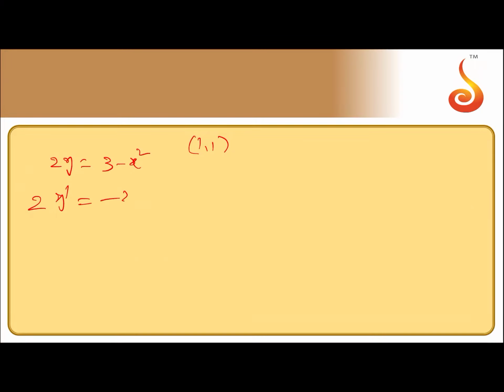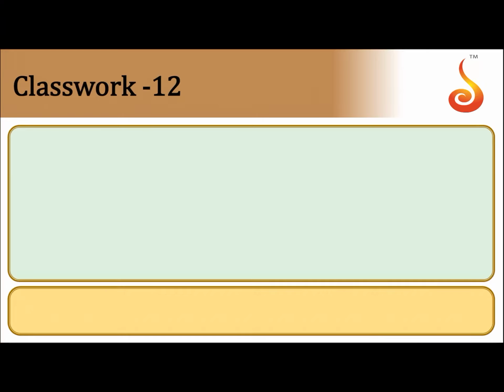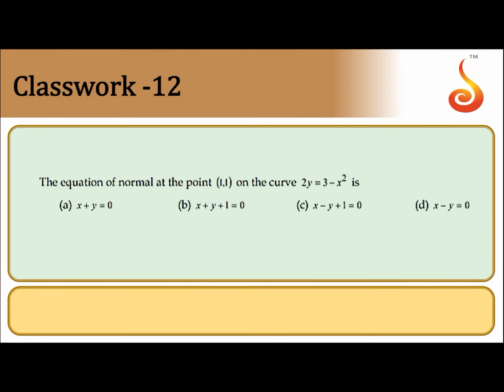So 2 times y' equals minus 2x. y' is equal to minus 1, and therefore the slope of the normal is equal to 1. Therefore the normal equation is y minus 1 equals 1 into x minus 1. Obviously y equals x is the normal. So the answer is y equals x. I think it is the D option.